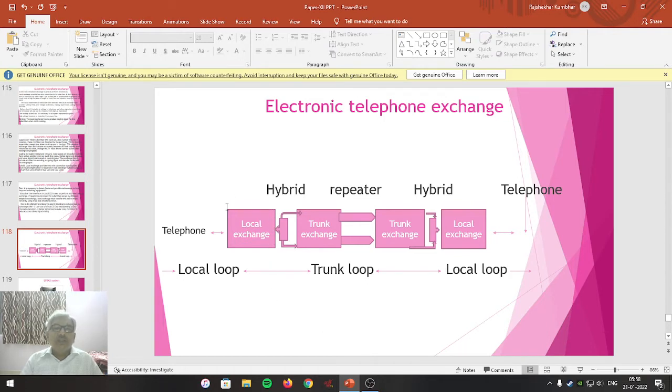Look at here. Here is a local exchange to which our telephone handset is connected via local loop. Here, the two-wire network is converted into four-wire by using a hybrid circuitry to transfer the calls from the local exchange to the trunk exchange.